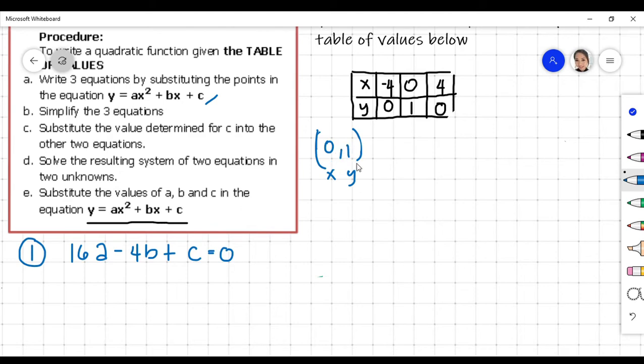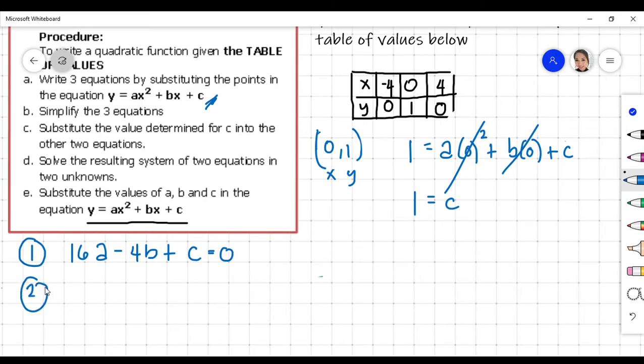So our x is 0, our y is 1. So substitute it to this equation. So y is 1 equals a, x is 0 squared plus bx, b times 0 plus c. So this is cancelled and cancelled. So 1 is equal to c. So for the second equation, c is equivalent to 1. So let's find the third equation.